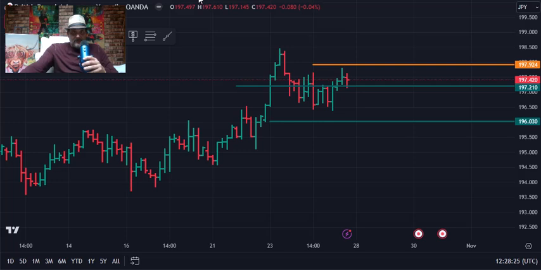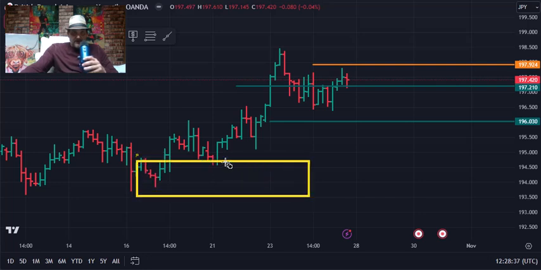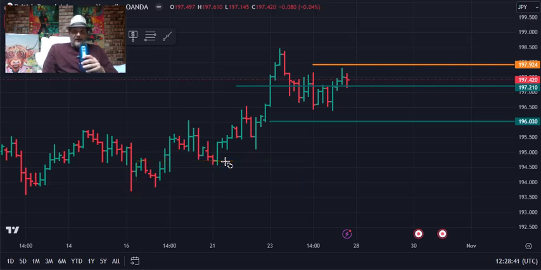So what we're saying is if it breaks down, it's going to come back down into this level in here. Now, I don't see sterling yen falling out of bed because I think dollar yen is going to rally. But what we need to do is get above 197.92 this week, which is possible. It's not a problem.